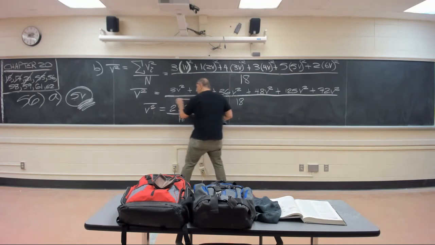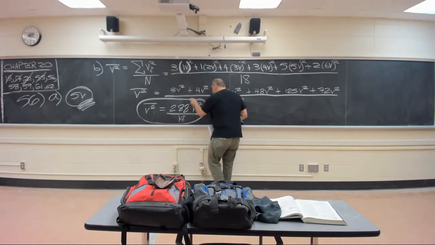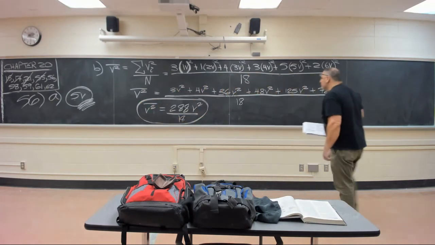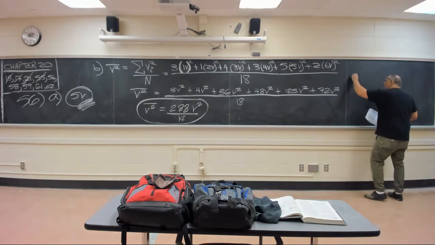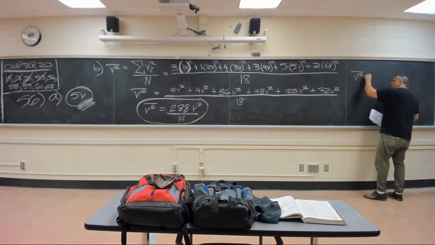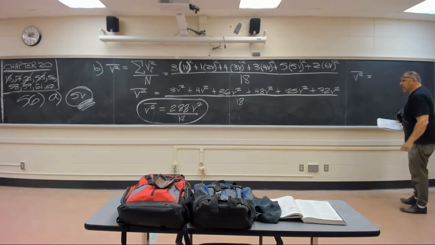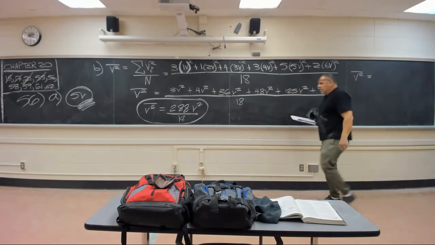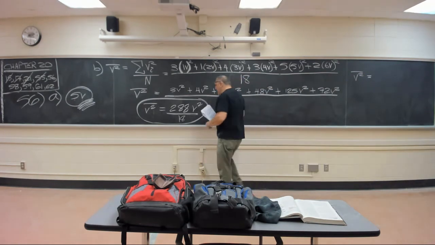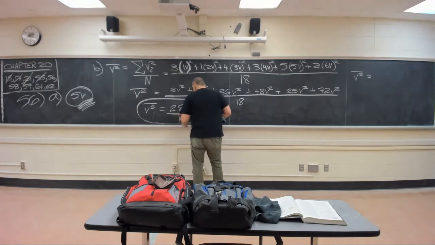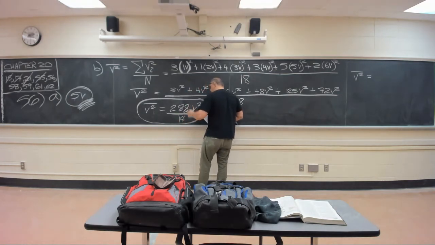We're not done. We did get to here. The average of all the squares, ladies and gentlemen. There's a lot of ways out of here. A lot of ways you could play this, actually.